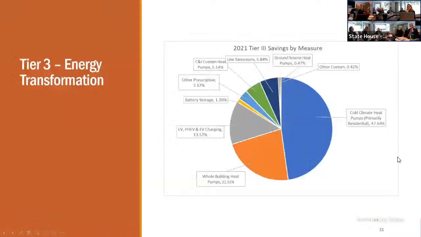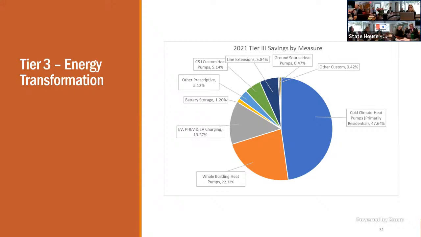Okay, and then the next slide is the types of measures that you've seen. I guess I could have shown this while I talked through that. Most of the measures in 2021 have been from heat pumps. So utilities provide an incentive for customers to install heat pumps. Those are usually upstream or midstream of the customer, so it happens through the contractor or even the retailer, that the price of the heat pump itself is bought down.